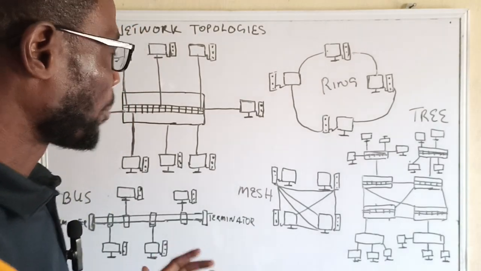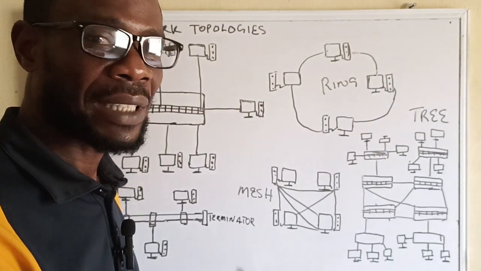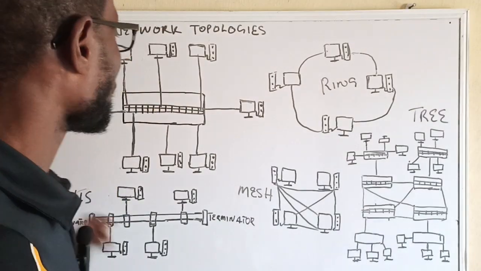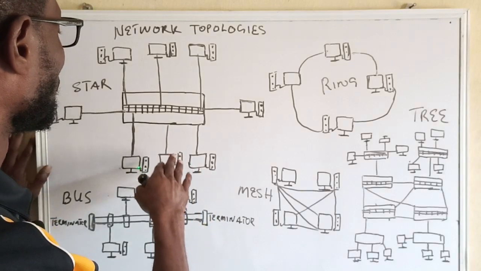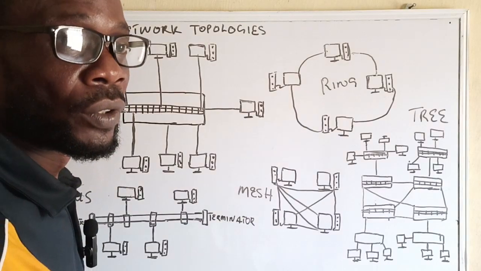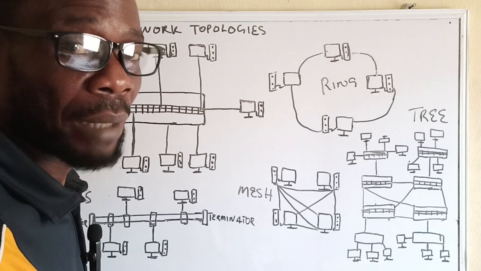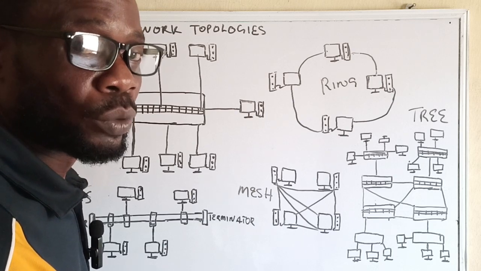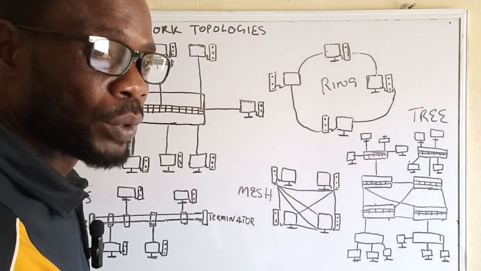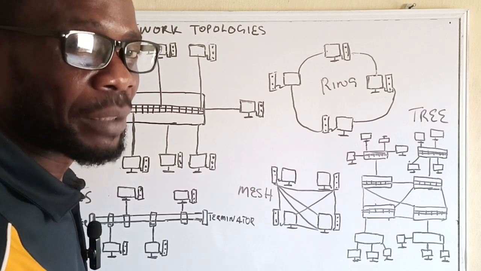Okay, this type of network is a kind of physical star and logical bus. The cables used in this type of network structure are STP cables, that's shielded twisted pair, and UTP, unshielded twisted pair.